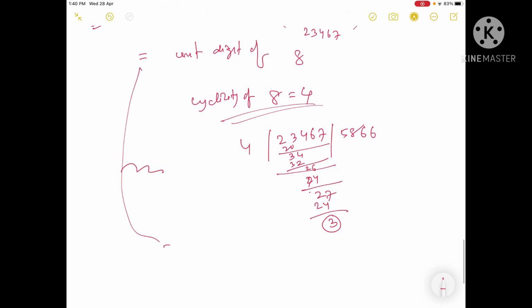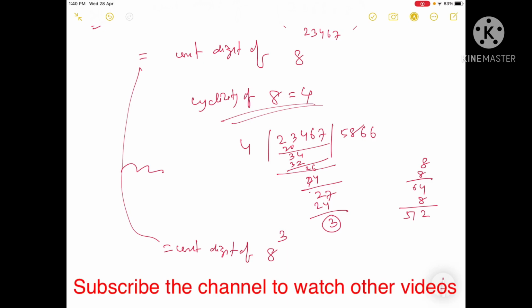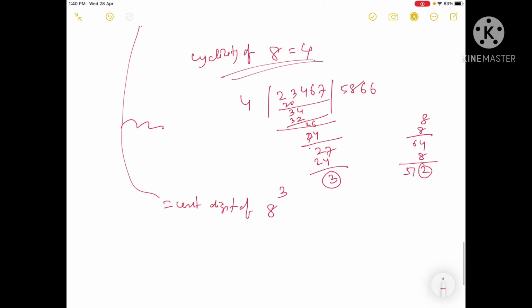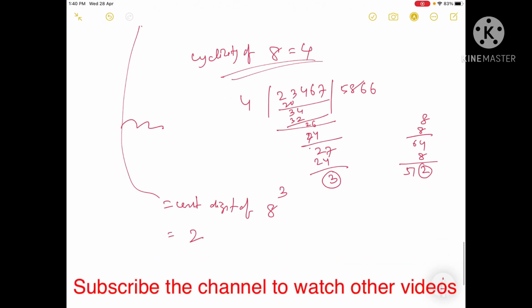So the unit digit will be the unit digit of 8 to the power 3. 8 into 8 is 64 and 64 into 8 is 512. The unit digit is 2. So the unit digit of 8 to the power 3 is 2.